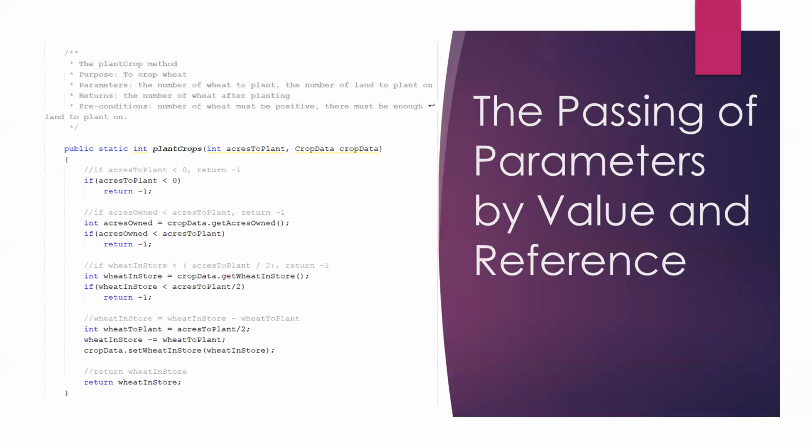For example, we can see here we're referencing crop data to get acres owned, and we do it by the crop data.getAcresOwned method. This is all possible by passing a parameter by reference.